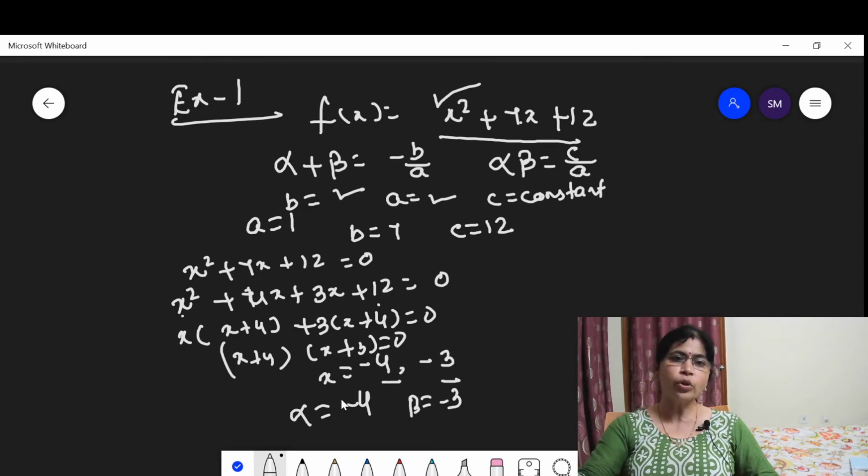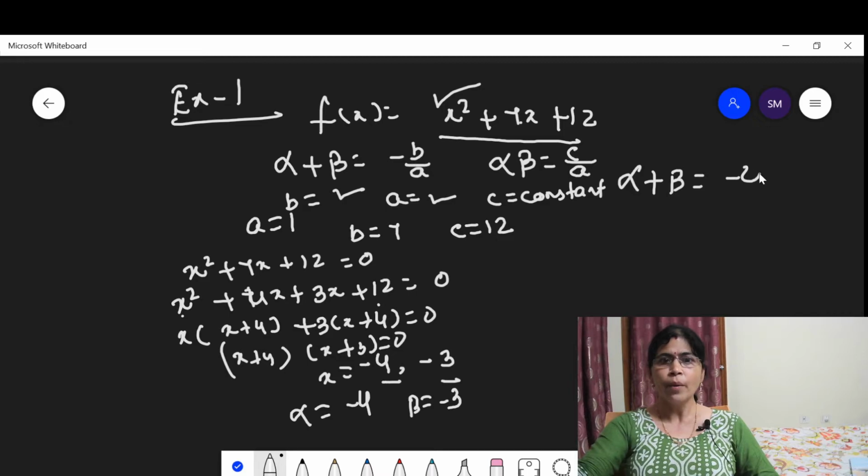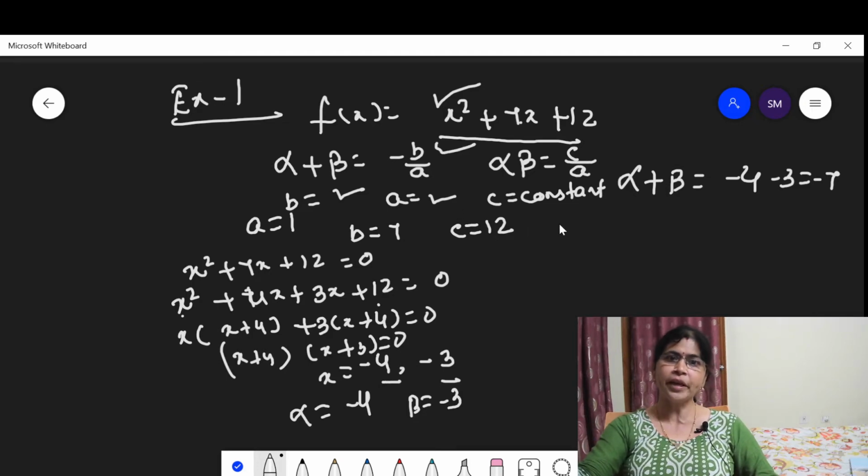Then according to this, alpha plus beta is equal to minus 4 minus 3, which is equal to minus 7. Then according to the formula, alpha plus beta is equal to minus b upon a.